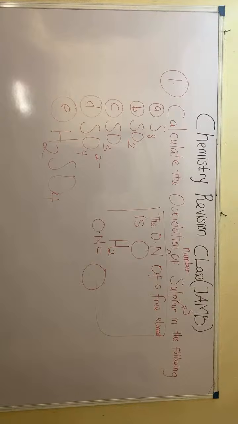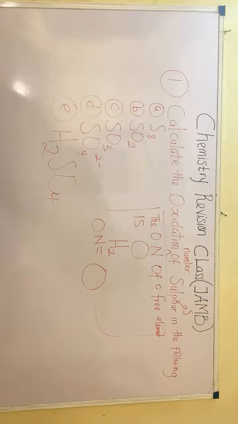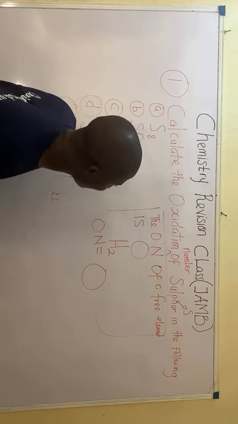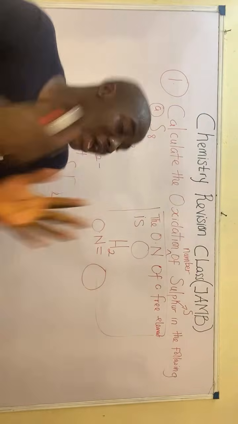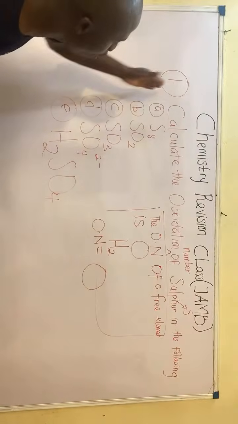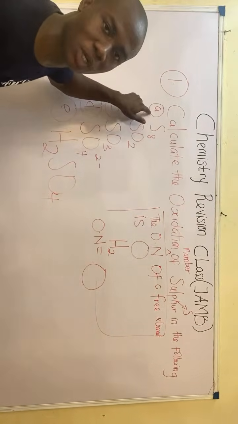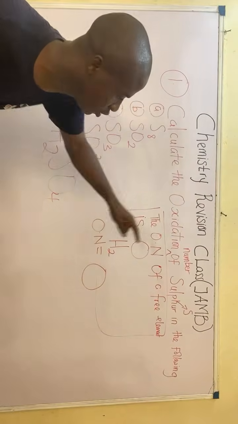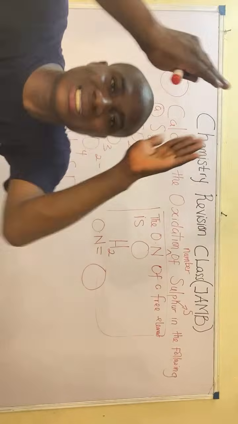I believe you all can see me, right? It's actually very, very easy. So I'm saying that the oxidation number of a free element, which is an uncombined element, is 0.